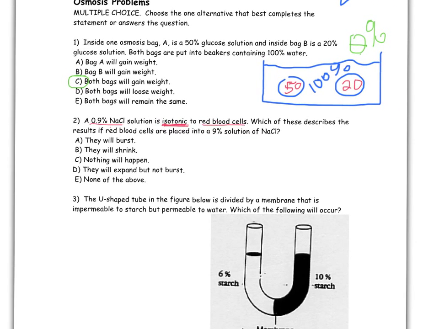And then it says, which of these describes the results if red blood cells are placed in 9% sodium chloride solution? Again, I know some of you say that you know it, you don't have to do it on paper, but so often you make mistakes that way. I know I would. If this is a 9% solution, and inside a little baggie or in the red blood cell, either way, it doesn't matter, you have a 0.9% solution.